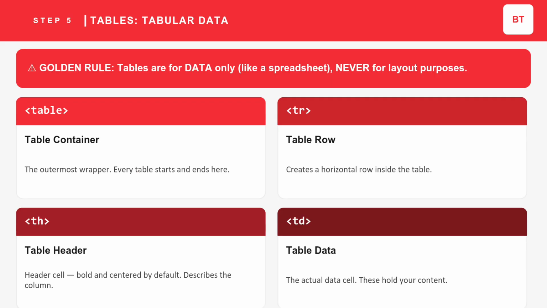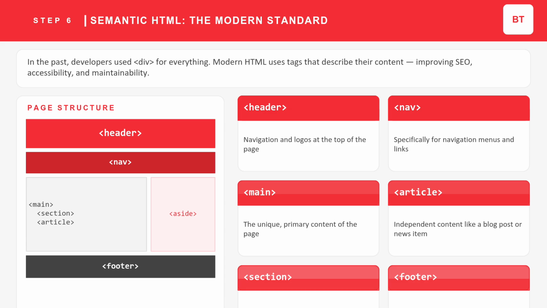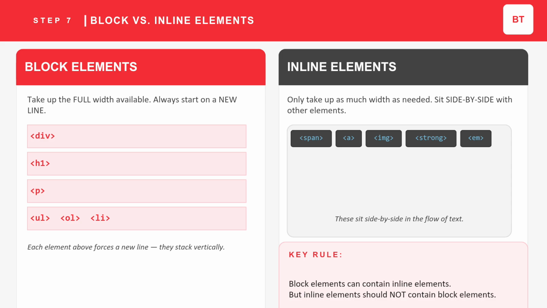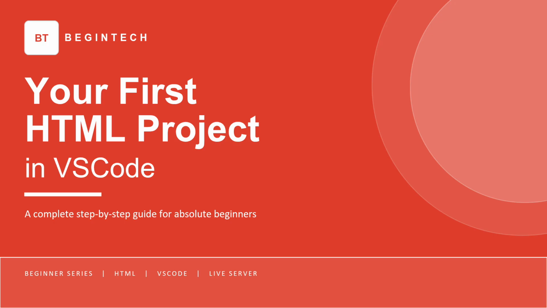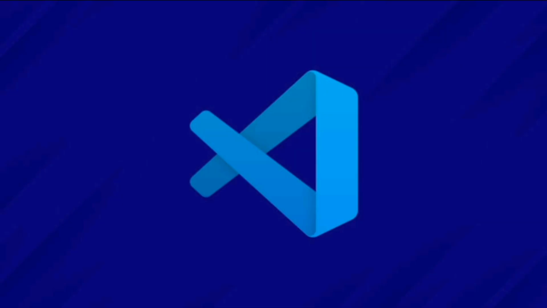And we've got the table, the rows, and the table headers. We also have the tags for page structure. That's all the tags you need to know for it. We've got the block elements, div, H1s, P tags, and inline elements also. And your first HTML elements project, we're going to be looking at it today.